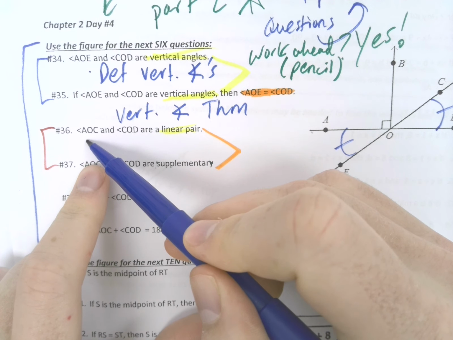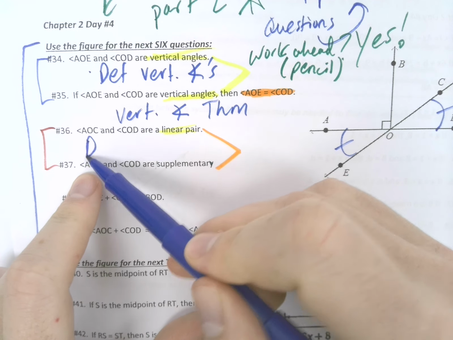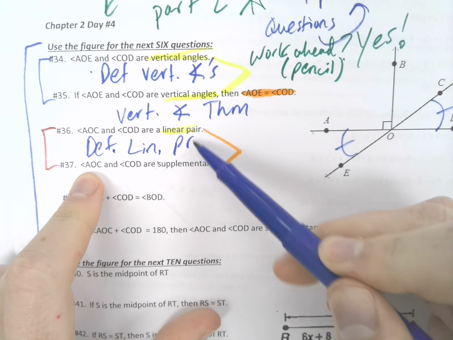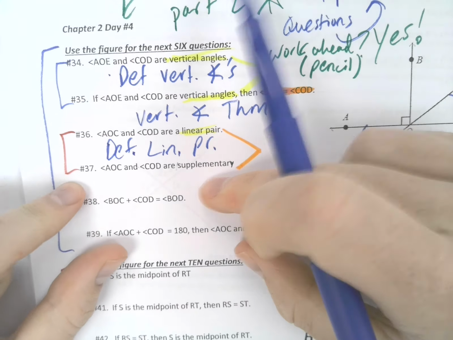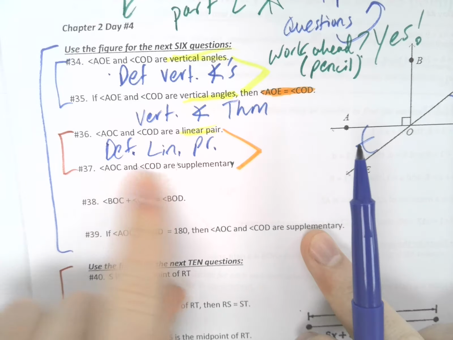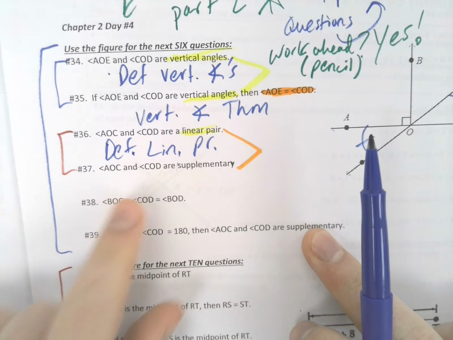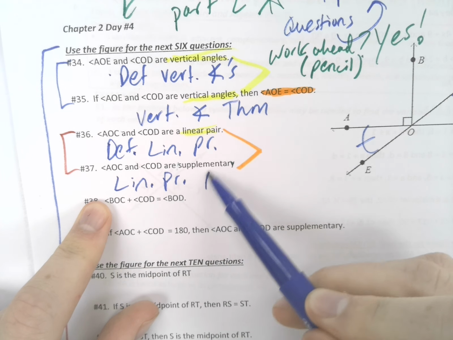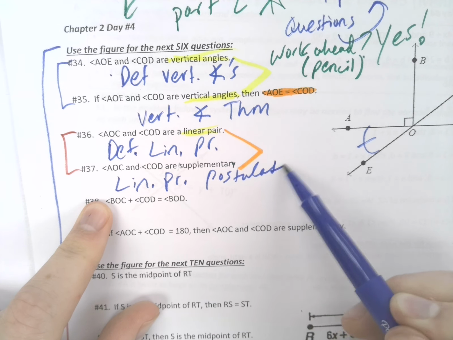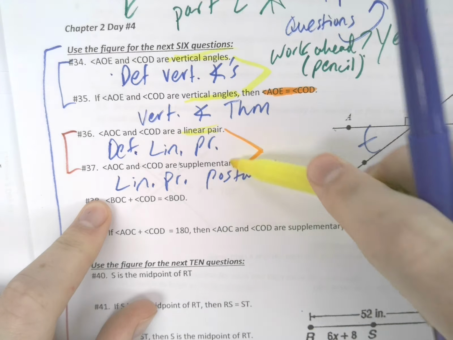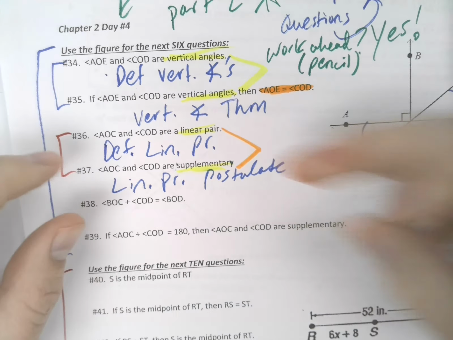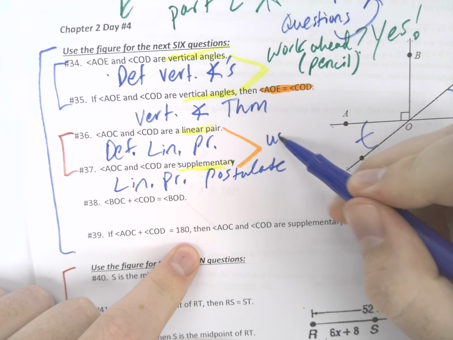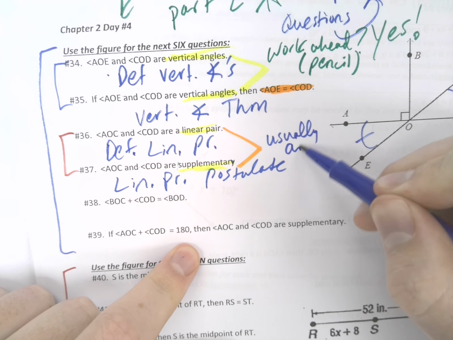Well, that's going to be a straight up definition of a linear pair. But then from there we can say, if they're a linear pair, then they're going to be supplementary. That's where that postulate comes in. We're talking the linear pair postulate. Usually if you see the definition of a linear pair, these two are together.